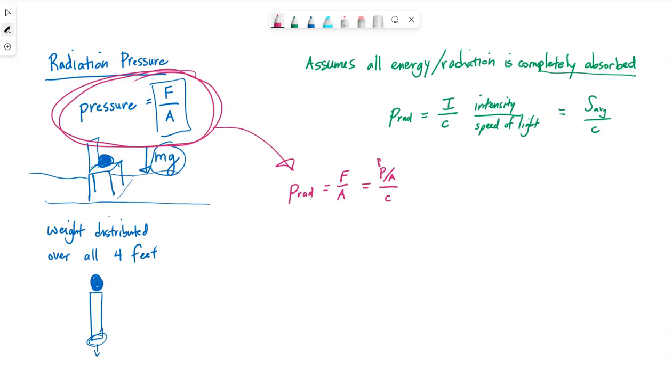C is the speed of light, and that's where we get this I over C, or S average over C.